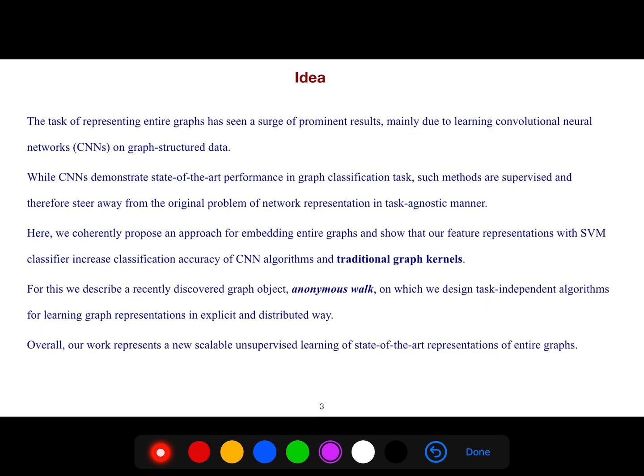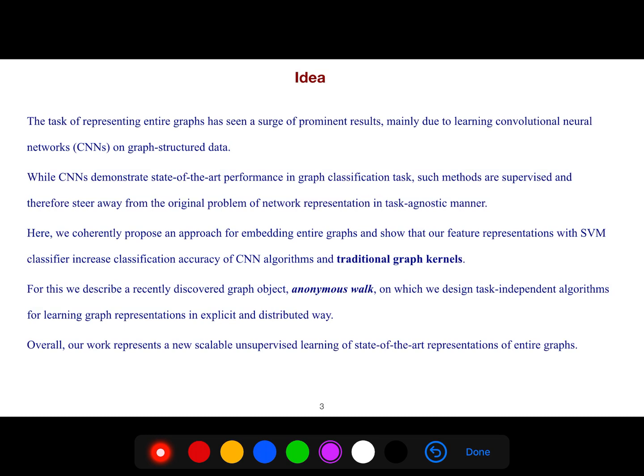The task of representing entire graphs has seen a surge of prominent results, mainly due to learning convolutional neural networks and graph structured data, while CNNs demonstrate state-of-the-art performance in graph classification tasks.